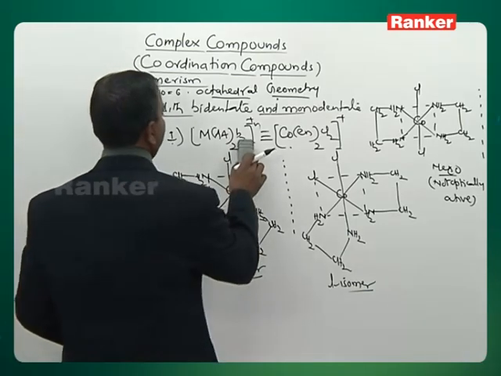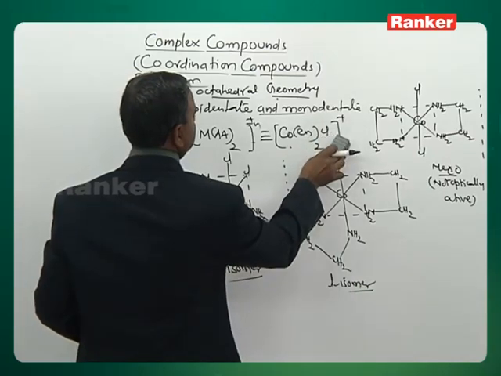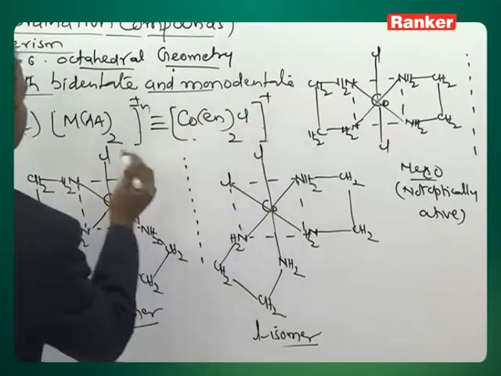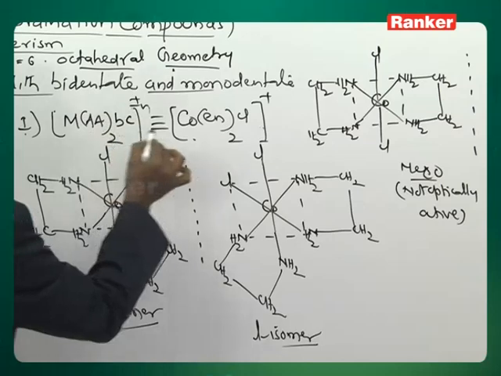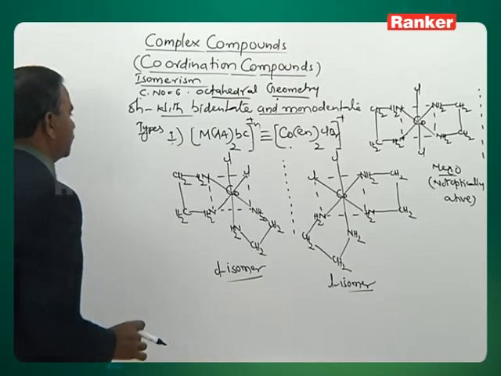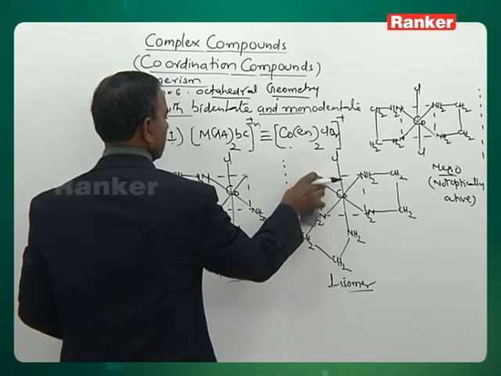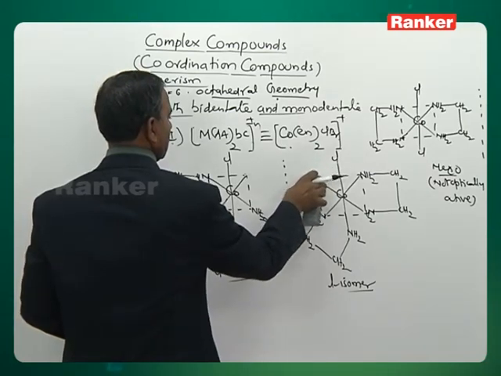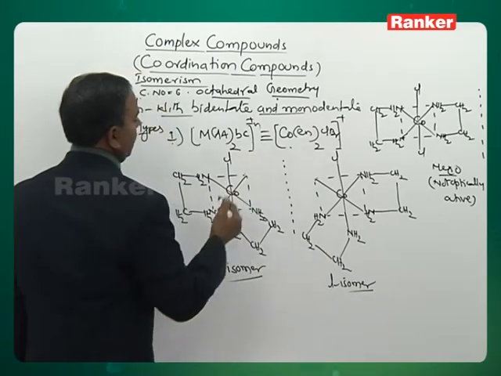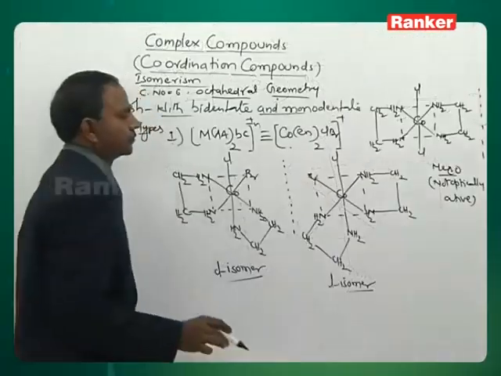Now, M(AA) taken twice, BC: cis only again, Cl and Br.